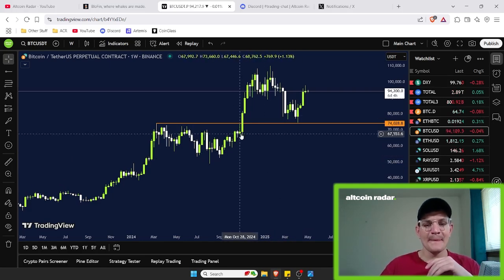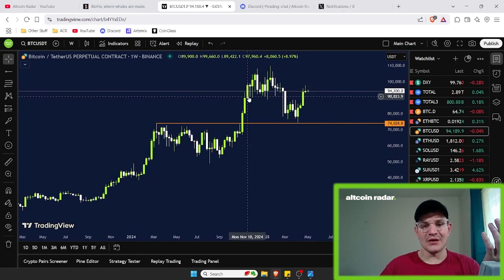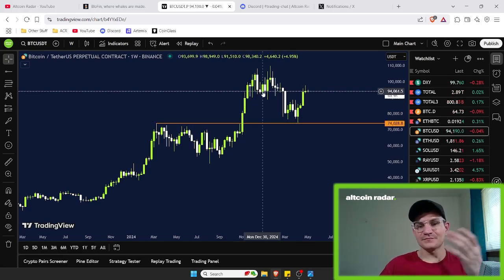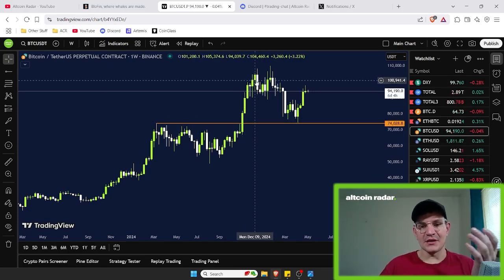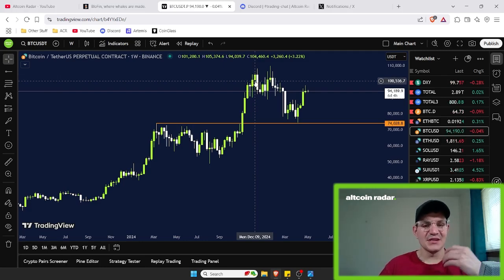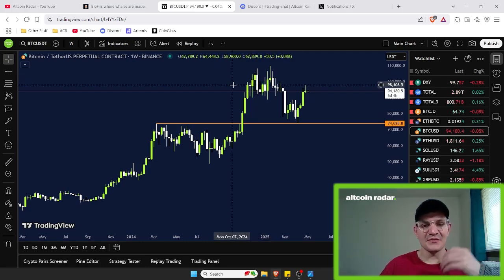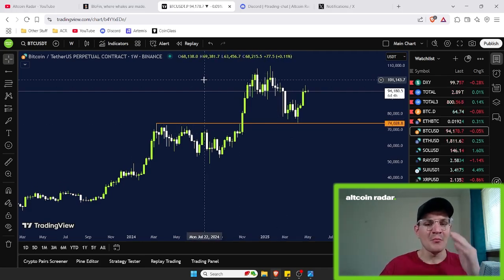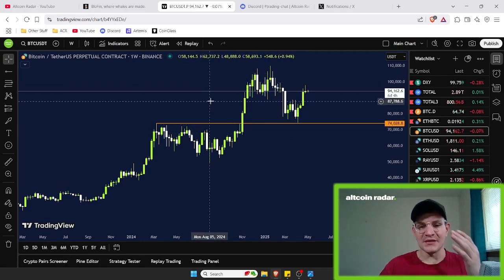For instance, if you were watching this move right here and you waited to get in like right in here, realistically, yeah, you would have profited, but it wouldn't have been anywhere near as profitable as getting in way down here. Or it would be the same as if you ended up getting in way up here, because there's a lot of people that do that. They have a hard time deciphering where the top of the move is or where the bottom of the move is or where momentum is dropping or where momentum is building.